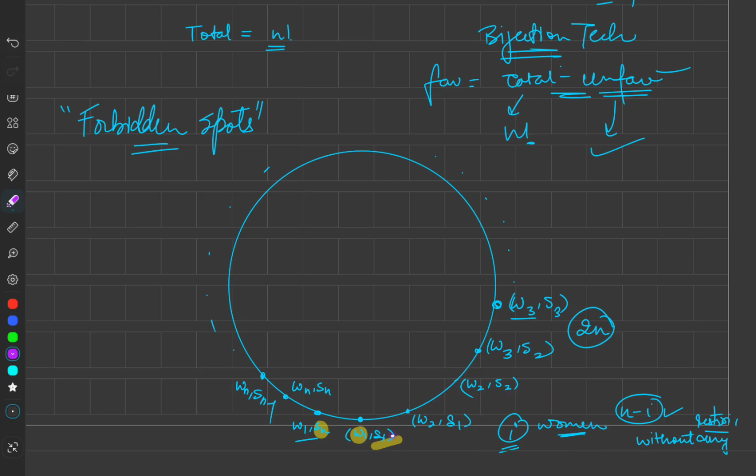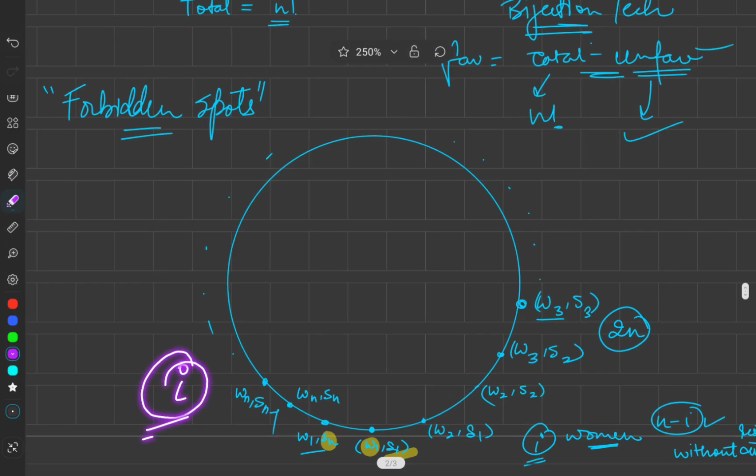So we have to select i of the cases from this circle. All the cases of the forbidden spots, all the arrangements, all the possibilities are present in this circle. We have to select i of them for i of the women.